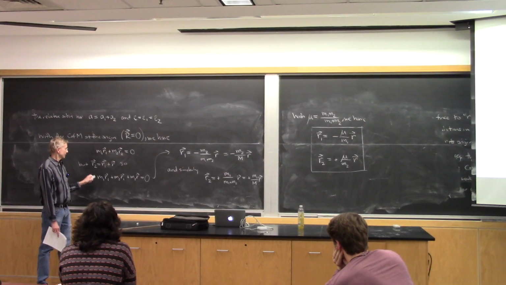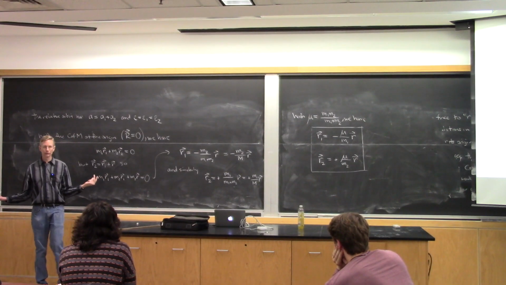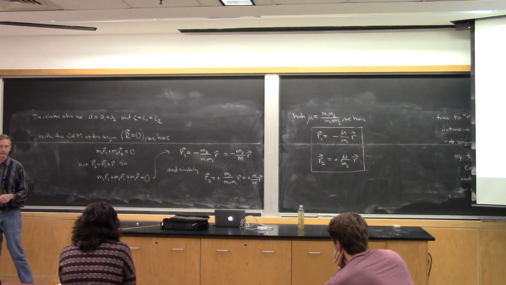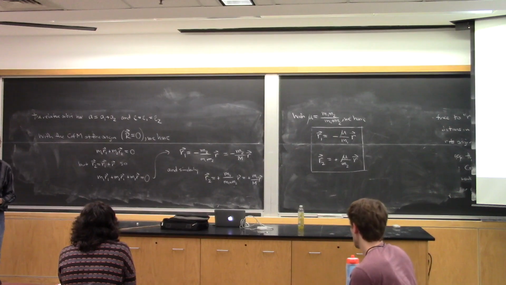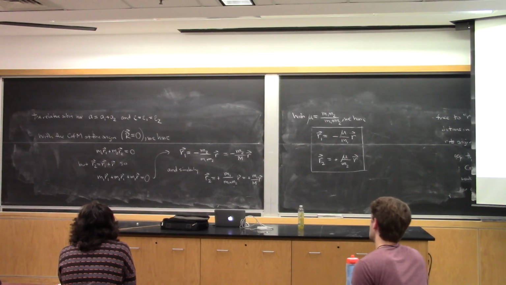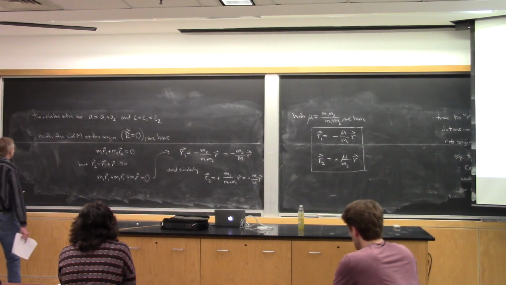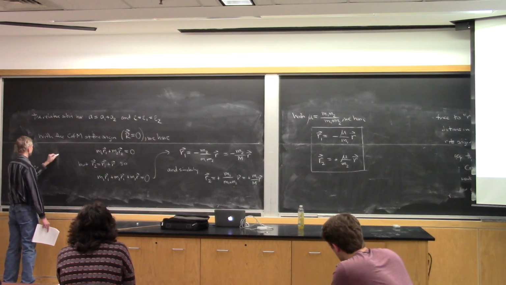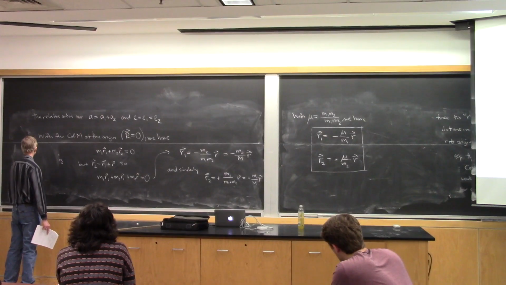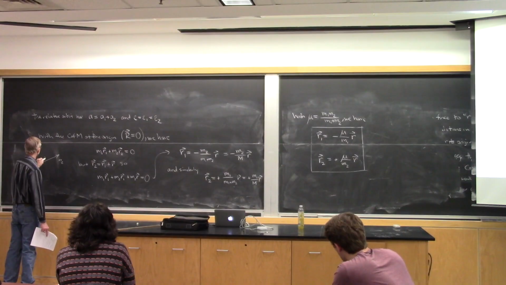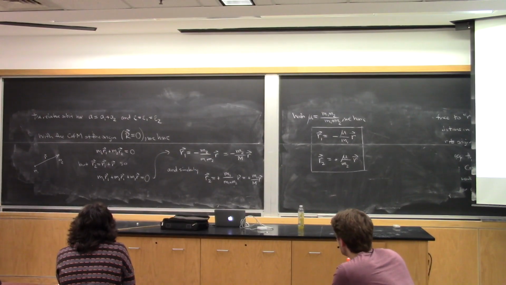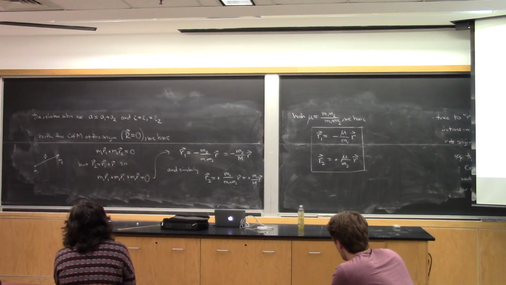And so it doesn't matter whether M2 is larger or M1 is larger here. The math is exactly the same. It doesn't care what M1 and M2 actually are here. So you pick one of them to be M1 and the other one to be M2. And R is always that vector that connects M1 to M2 like that. But you can pick either one to be M1 and the other one to be M2.